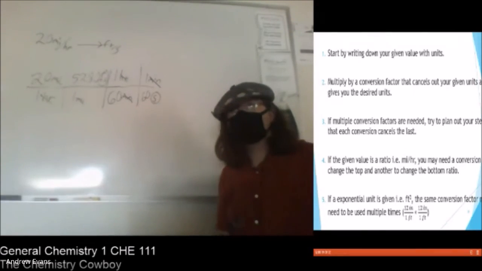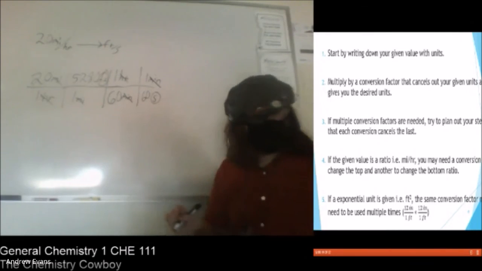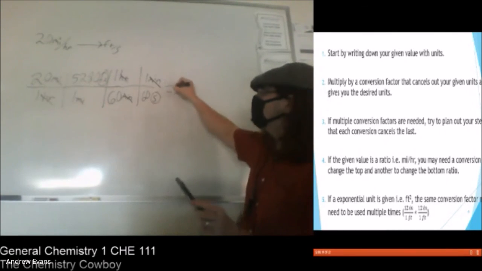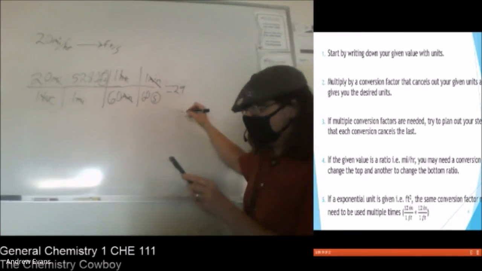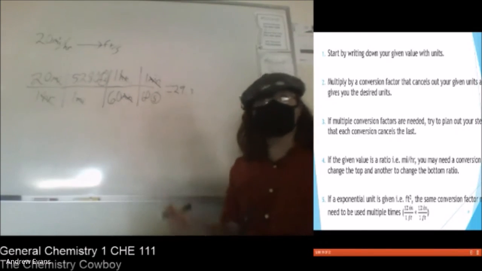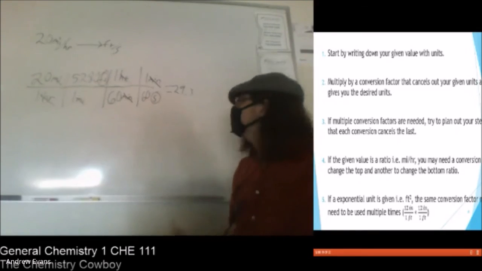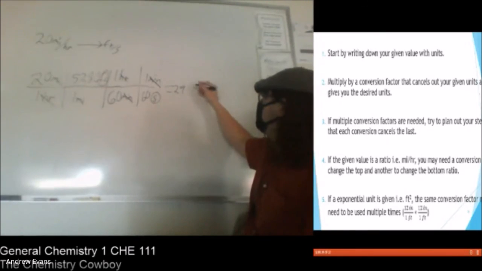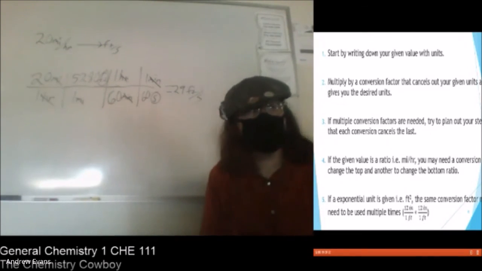So 20 miles an hour would convert to 29, technically it's 29.3, but because it's 20 miles an hour, that's the accuracy we're going to. It'd be 29 feet per second. So we're moving at a rate of 29 feet per second.